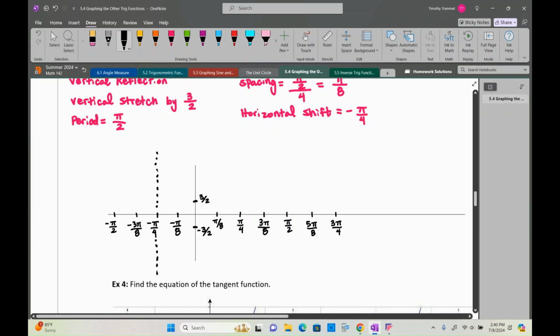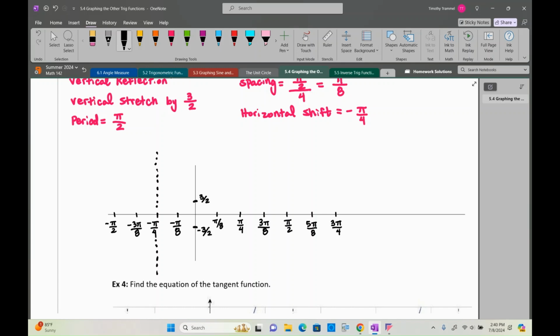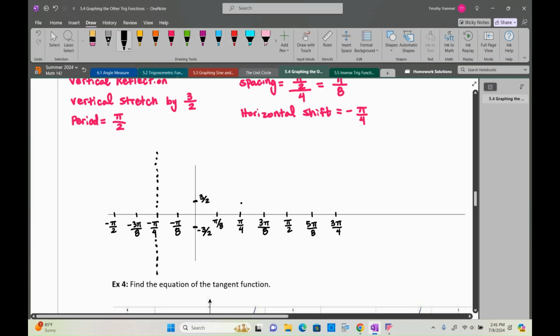Similarly to the other ones that we've done, if you just count to the right 4 quarter points, you should end up at the next vertical asymptote, or if you just add the period to this. And so what that would put us right here. The period in this case was pi over 2.